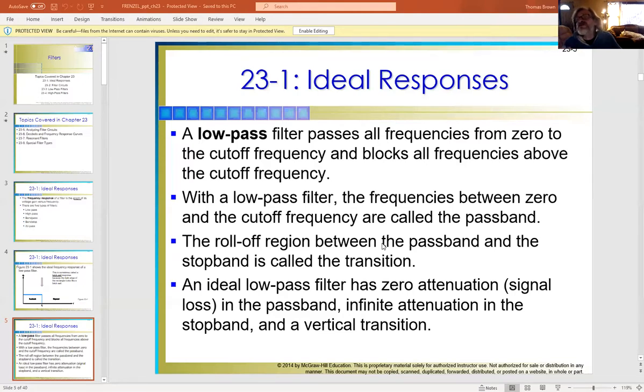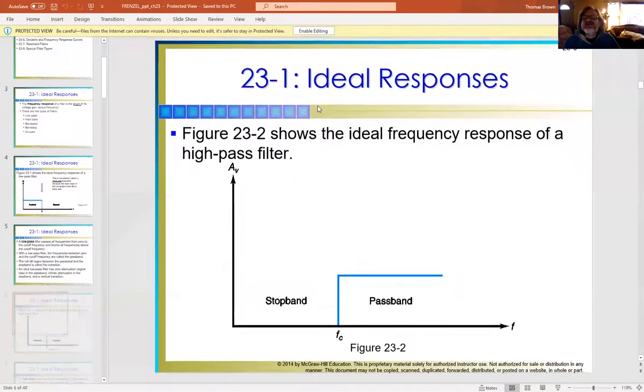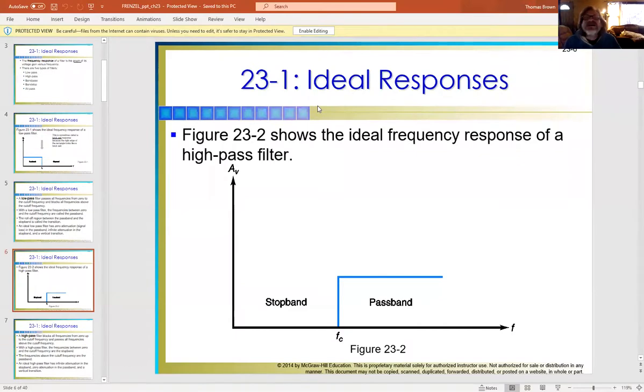And then there's ways to alleviate that as well. But in an ideal world, the low pass filter would have 0 attenuation and signal loss in the pass band, and infinite attenuation in the stop band, and it would just be boom, and that would be it, and it would work beautifully. Well, reality kicks in, and it does not quite work that way.